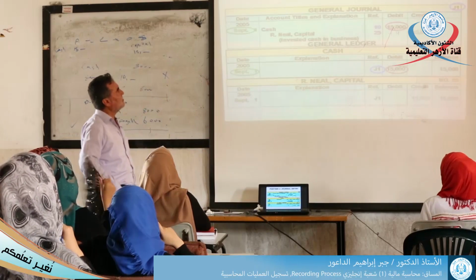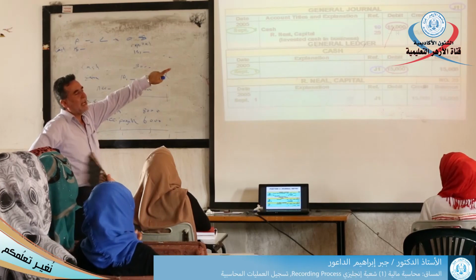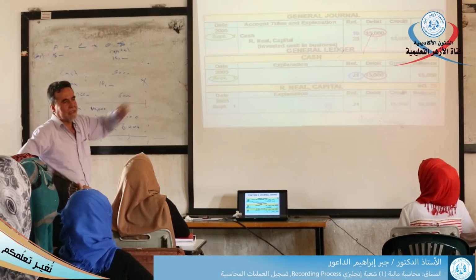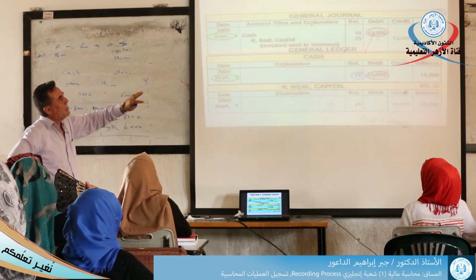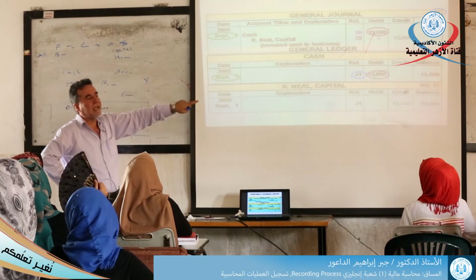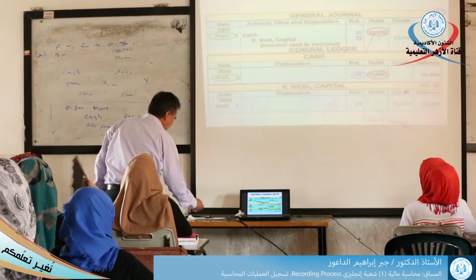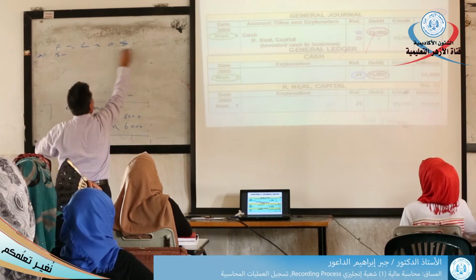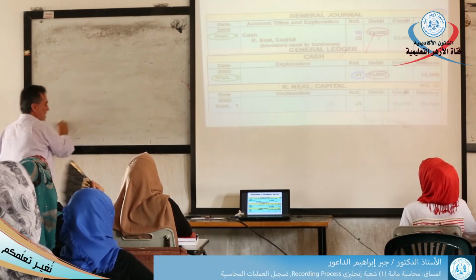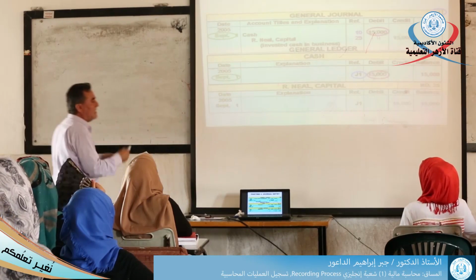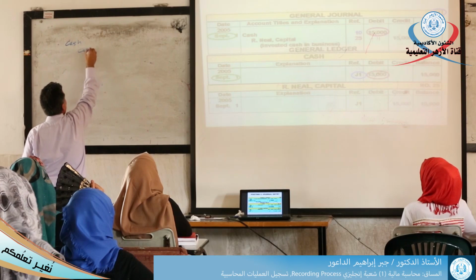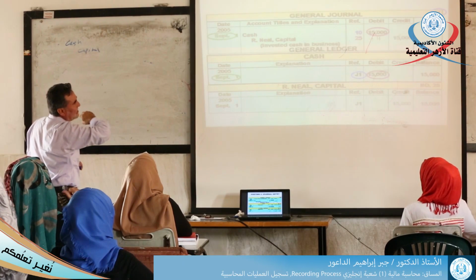Also, in the general journal, the first transaction is cash to capital. So cash will be transferred to the cash account, whereas capital will be transferred to the capital account. This is the journal entry: cash to capital, 15,000.